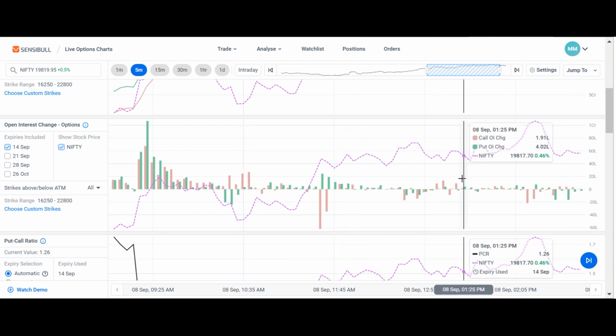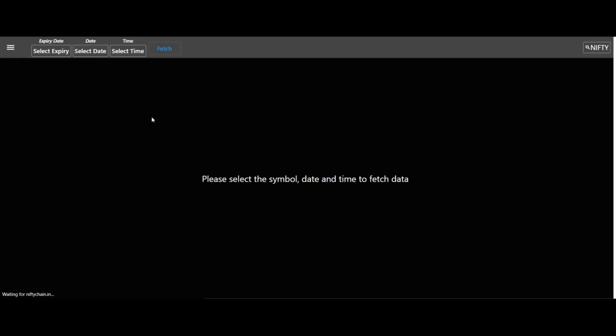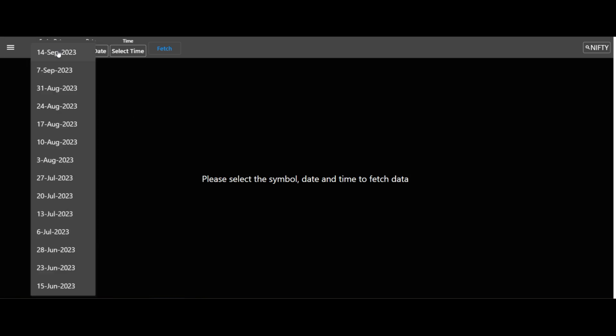So this is a simple tool which is available for us. Okay, there are many other tools which are there. Probably this is one more, niftychain.in. This is a very good tool.